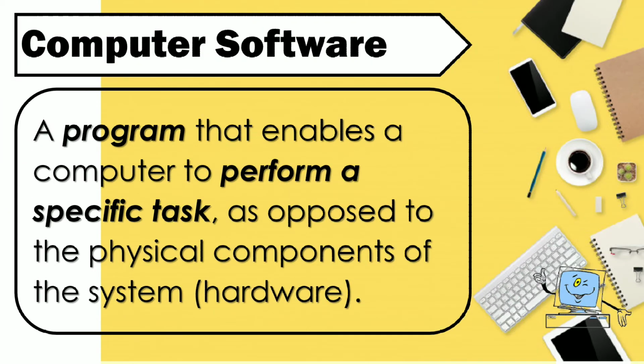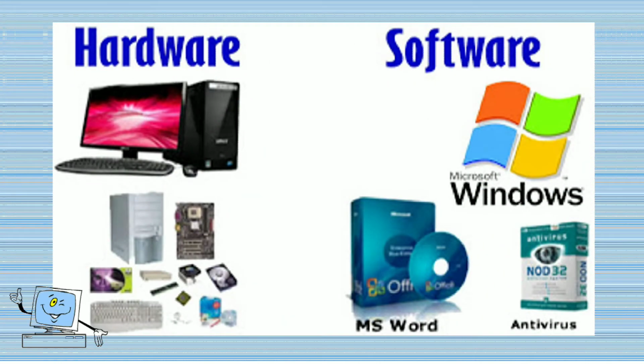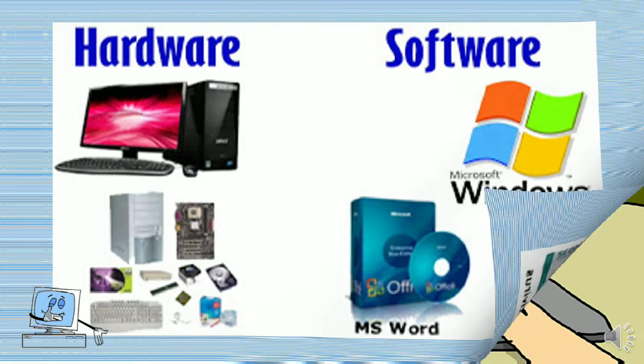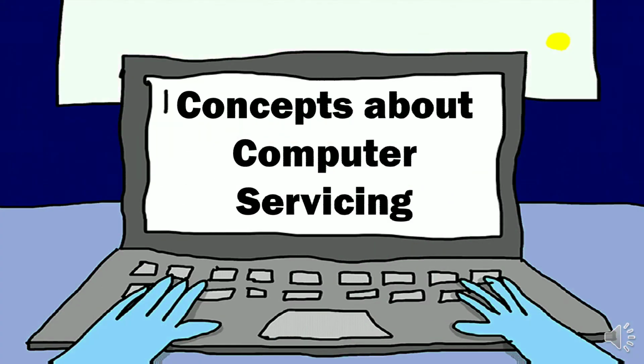While the computer software is a program that enables a computer to perform a specific task as opposed to the physical components of the system. This includes application software such as word processor, which enable a computer to perform a task. Here are the example of computer hardware and computer software. And that is for computer hardware and computer software.